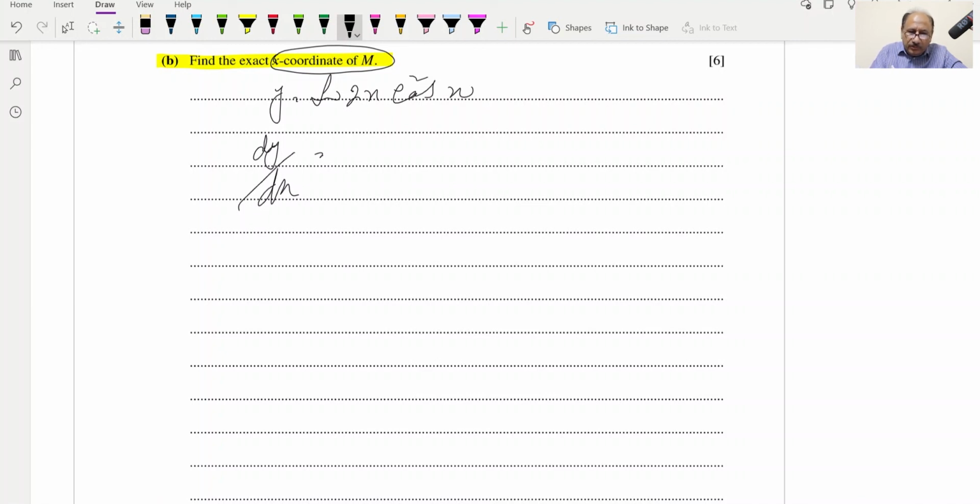The derivative of this will be u into v, so u and v are two functions: sine 2x as it is, and the derivative of 2 cos x will be 2 cos x into minus sine x, and plus next will be cos square x as it is, and sine 2x, the derivative of sine 2x is cos 2x, and the derivative of 2x is 2, so we can write here 2 cos 2x.